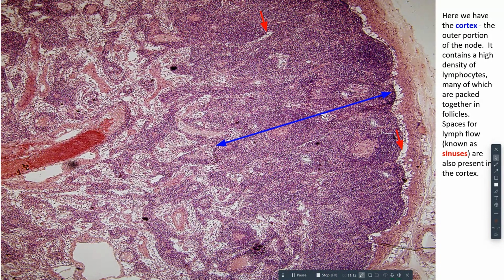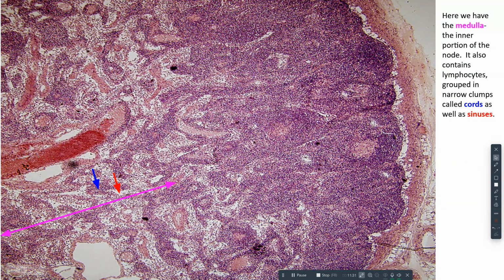I'll see some spaces. The white spaces in here would be cortical sinuses that lymph can flow through. And the flowing of lymph through the sinuses provides an opportunity for that lymph to be examined and for bad things to be filtered out and removed.